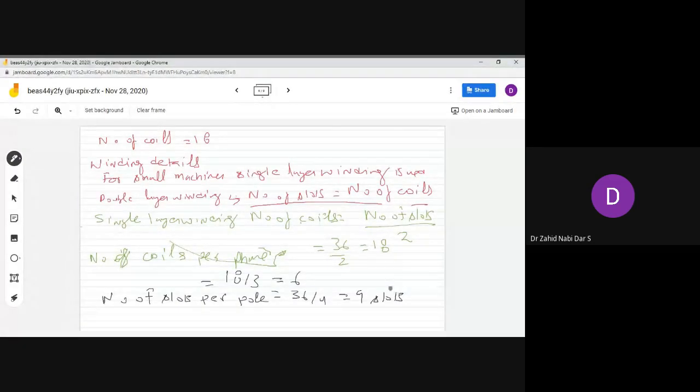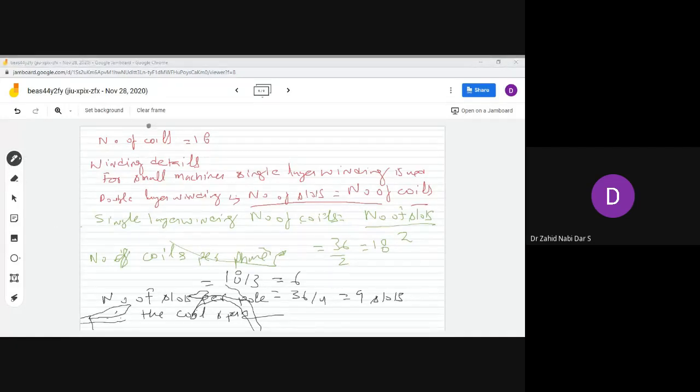So if you have to go for the actual coil span for this machine, the coil span for this machine is 9 slots. So that means the coil span, because it's a three phase, is, I am sorry, something is there, some mistake.